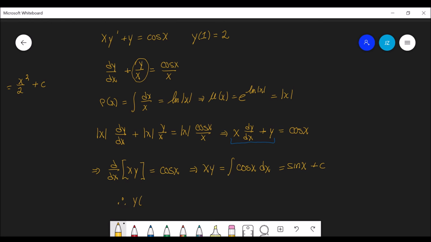And so y of x must be sine of x over x plus c over x. Now, since we're dividing by x, we have to have that x cannot be 0.